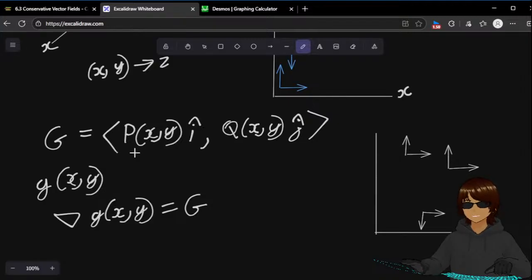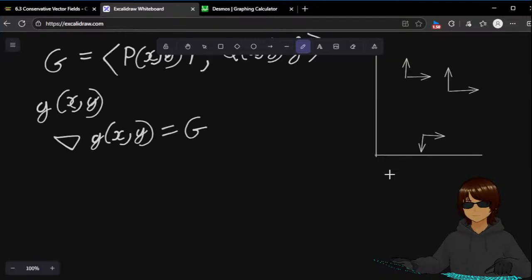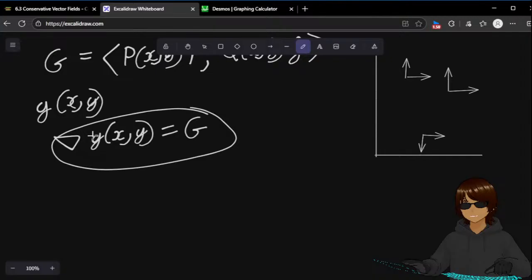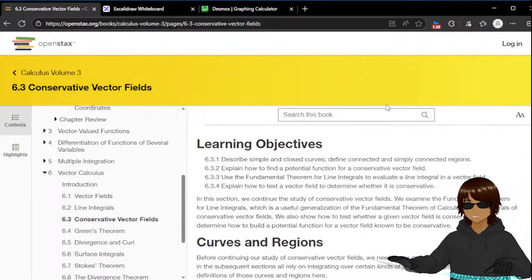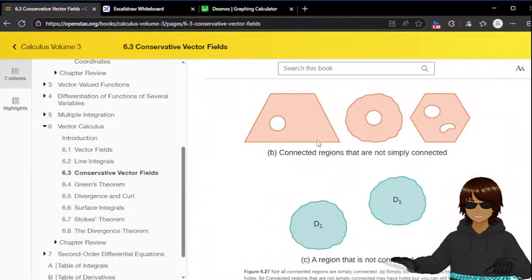They are just vector fields, but they are not the gradient of any surface. If this is possible, then g is called the potential function of the vector field, capital G. So we learned about conservative vector fields.